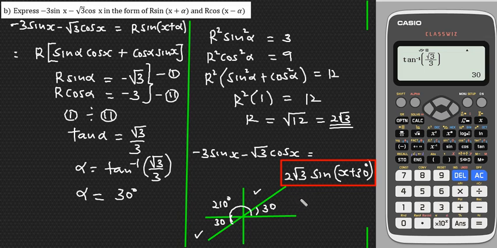Or we can also have 2 root 3 sin. Now in a situation where alpha is not acute, we need to look for where tan is positive apart from the first quadrant. Now this is going to be x plus 210 degrees.